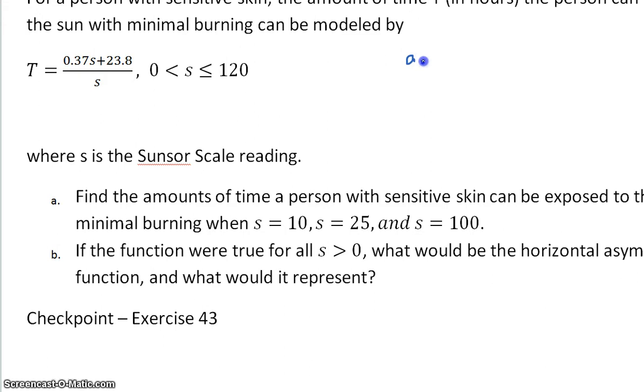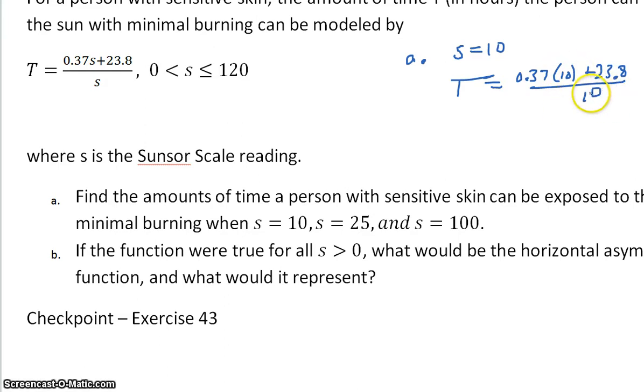So for letter A, if S is equal to 10, so this is a Sunser scale reading. So this is the reading of the Sunser scale. So if we're going to find out how much time you can spend in the sun with minimal burning, we have to plug this in. So I'm going to plug this in for T. And I get that.